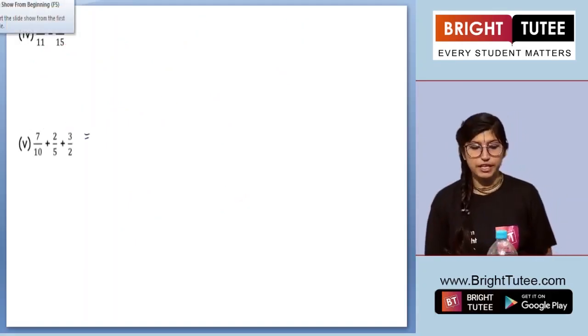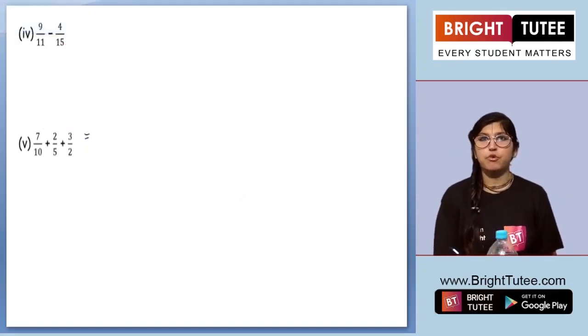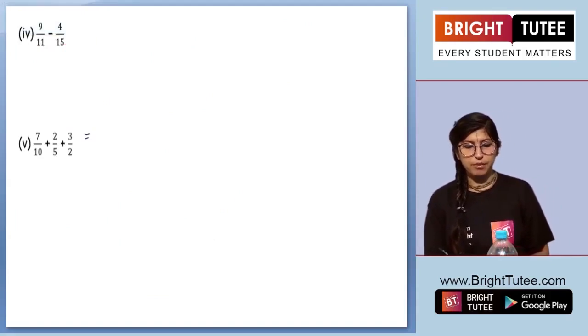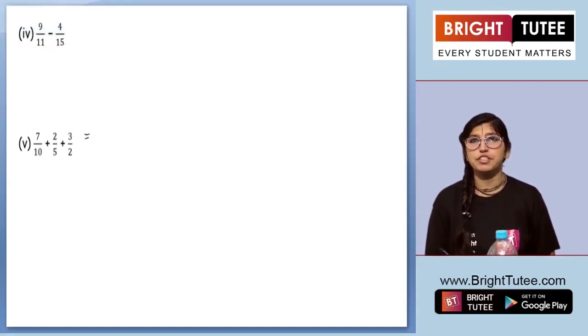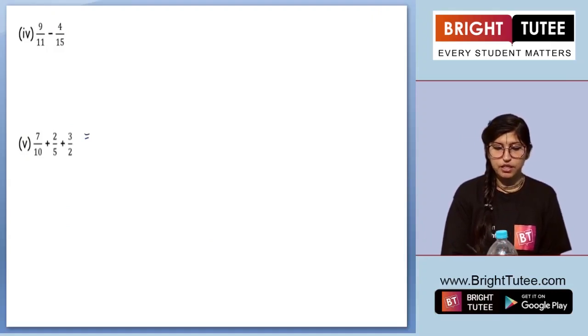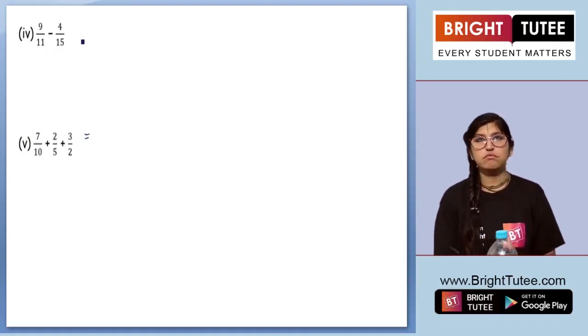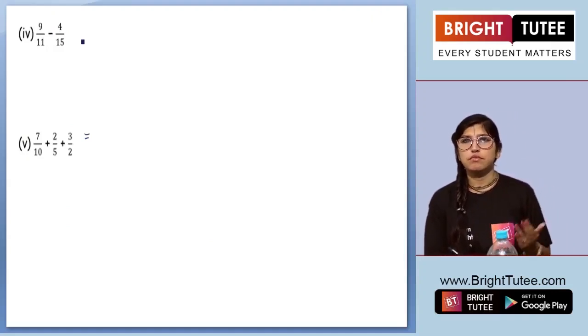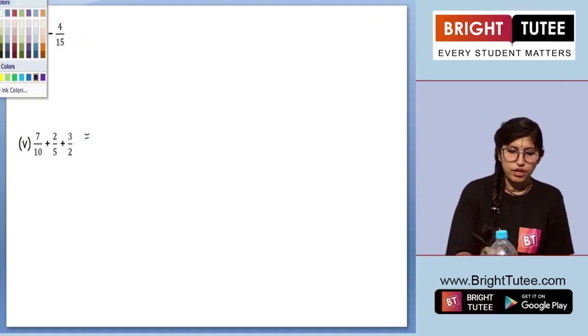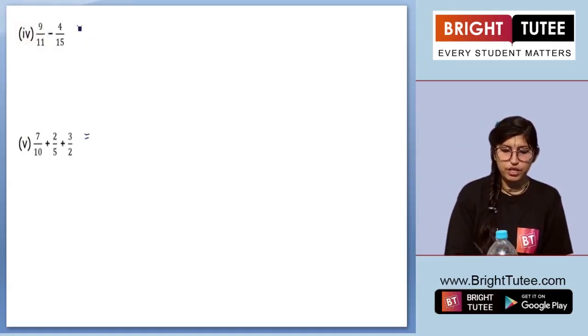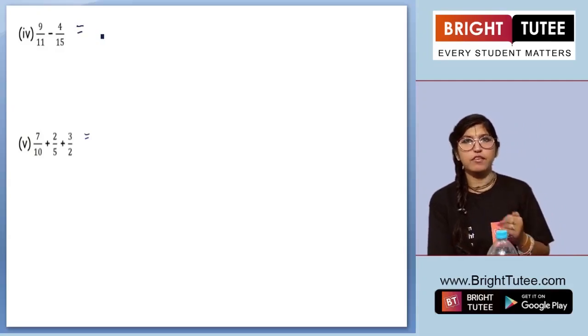Now let's move on to the next part, which is the fourth part. Over here we have 9 by 11 minus 4 by 15. For this, we need to convert it to like fractions. So over here we have 9 by 11 and 4 by 15.